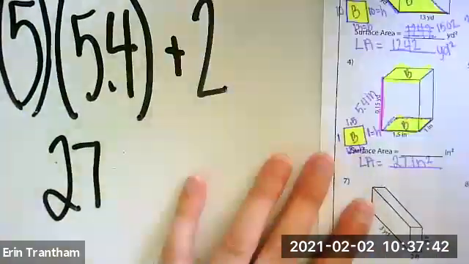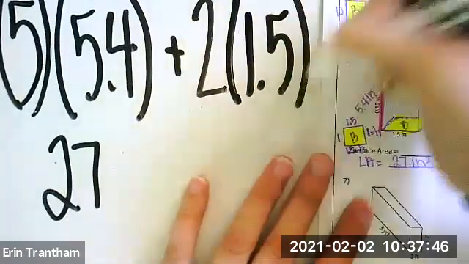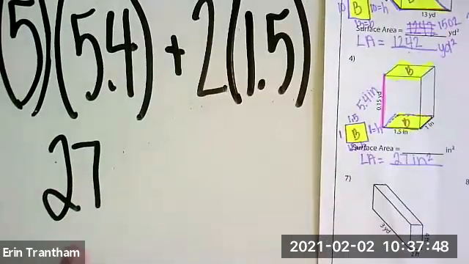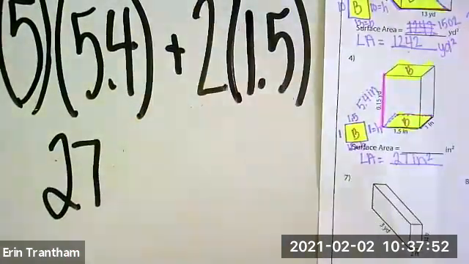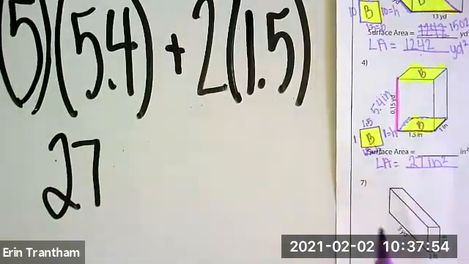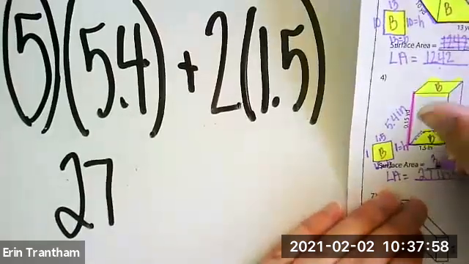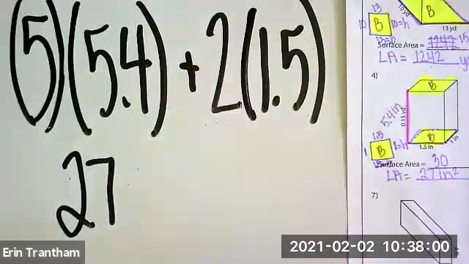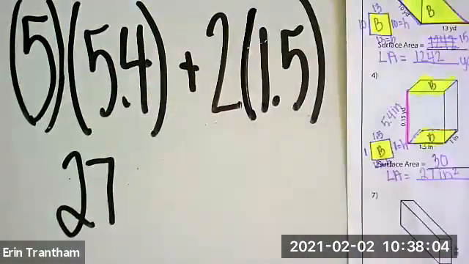Okay, you're going to replace the big B with 1.5. And you're going to stick it all in the calculator, or you say 27 plus 2 times 1.5. 30 inches squared. Does everyone agree? Yes?